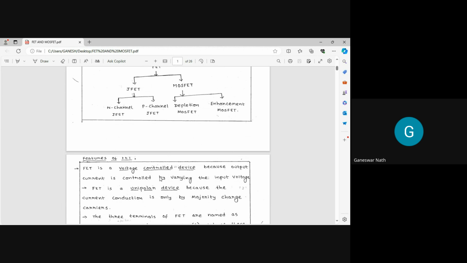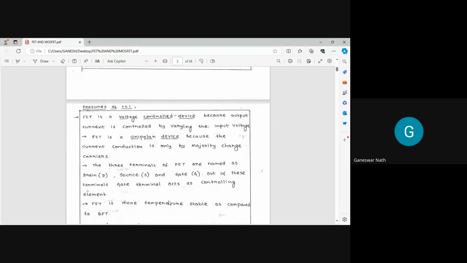Okay. Before going to the detail, let me talk about some features of the FET. FET is a voltage control device because the output current is controlled by varying the input voltage. Remember, FET is not a current control device, but a voltage control device. FET is a unipolar device because the current conduction is only by majority charge carriers.